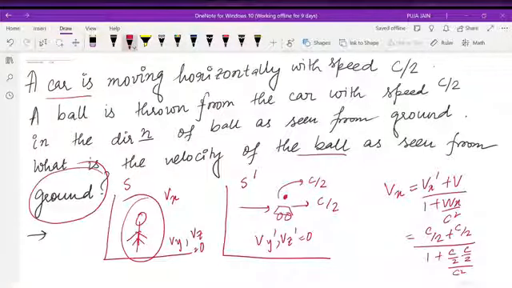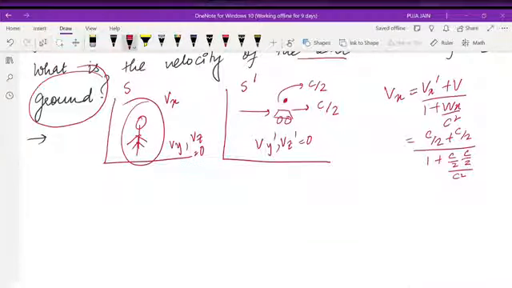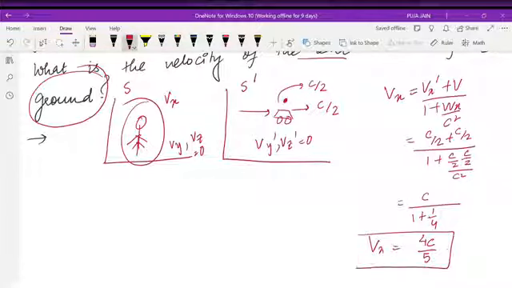If you calculate this, what you will get is c/2 plus c/2, that is c, over 1 plus 1 by 4, that is 4c/5. Obviously the velocity cannot be greater than c. So our answer is Vx is 4c/5.